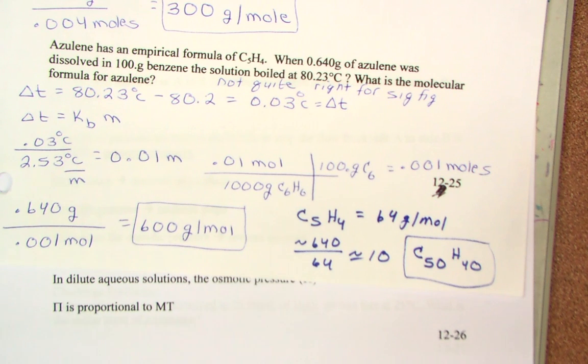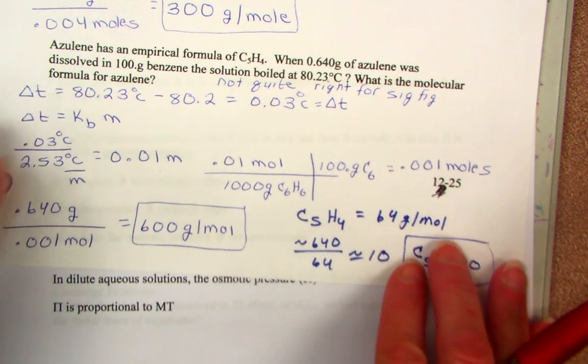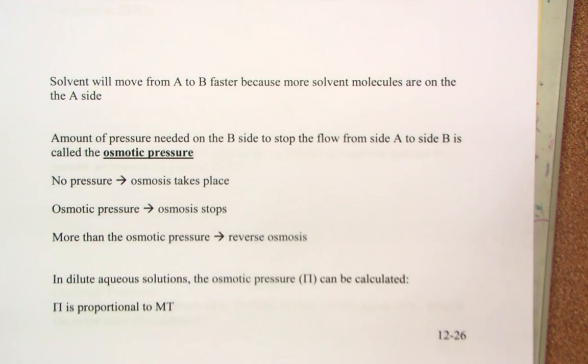Now, on a quiz or test, if you rounded as you went and ended up with 9, I would not mark that incorrect for you. But the actual answer is then 10 times the empirical formula, C50H40. So I'm more interested in the process being learned than what the actual answer is. Of course, on a test, I do look at the answer to see if you work through the process correctly.